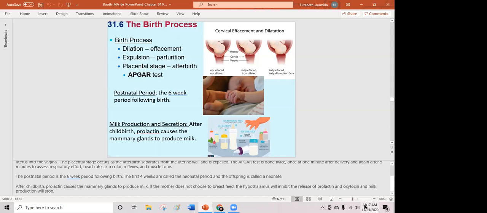Okay, so if that doesn't continue to be stimulated by the baby nursing or some sort of pumping, we're not producing milk, then the body will produce hormones to stop producing it, because you're essentially letting your body know you don't need it.